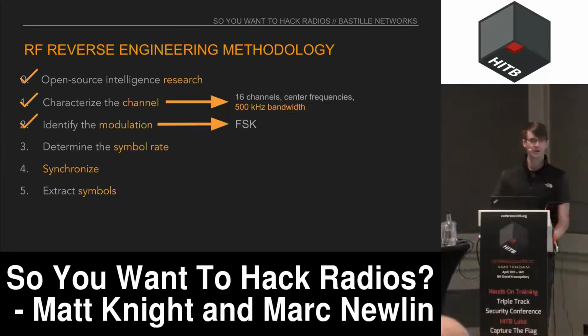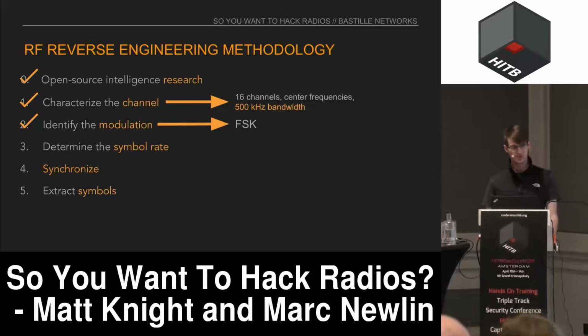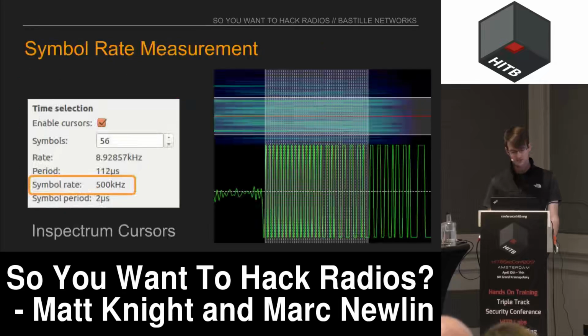So another element that we weren't able to recover through open source research is the symbol rate. But that's okay, because that's another thing that we can discover empirically. To discover the symbol rate empirically, I like to use Spectrum again, because Spectrum has a really useful tool called cursors. Basically, you can break out a generic FSK or on-off keying demodulator, and it will produce this nice time series visualization of the data there.